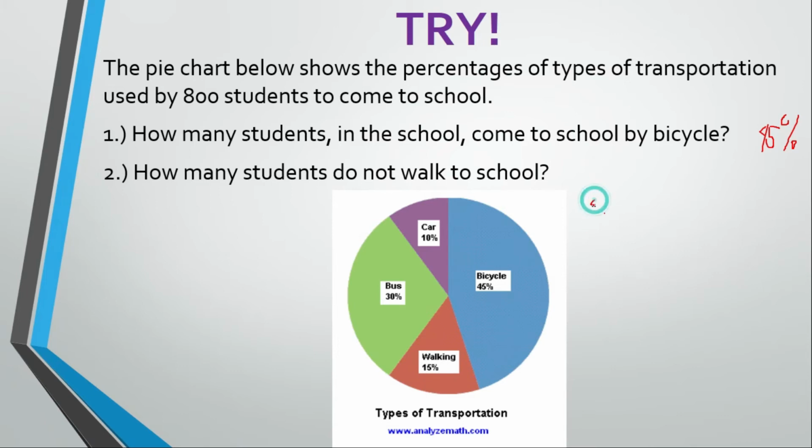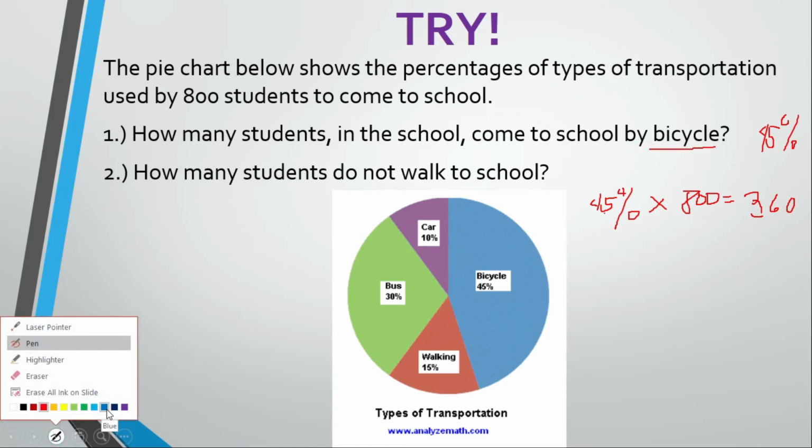So we can compute that as 45% of 800, which is the total number of students, and using our computation we have 360 students. Yan, there are 360 students who come by bicycle.